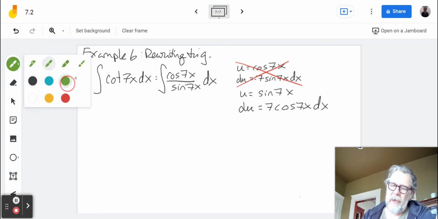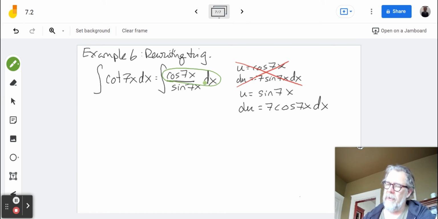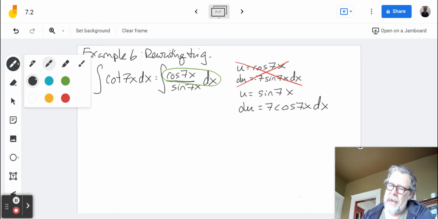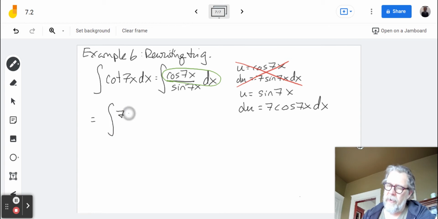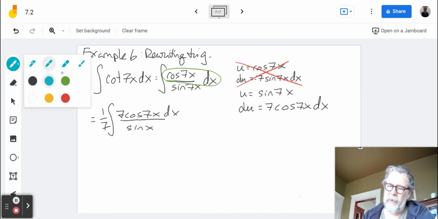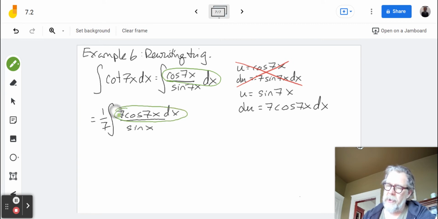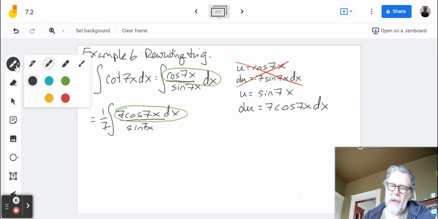And what I now see is that, in fact, I have a cosine of 7x dx right there in my equation, which means that my equation now becomes, well, I need to put a 7 in front of it, which means I need a 1/7 to balance that out.